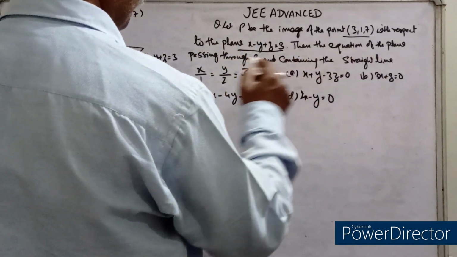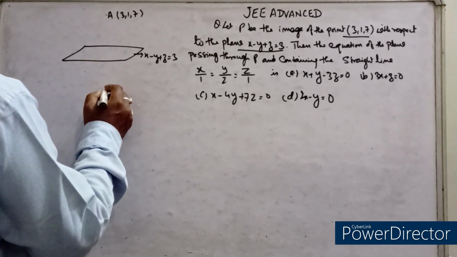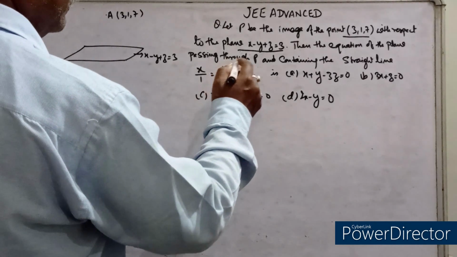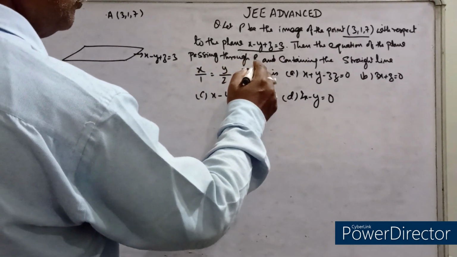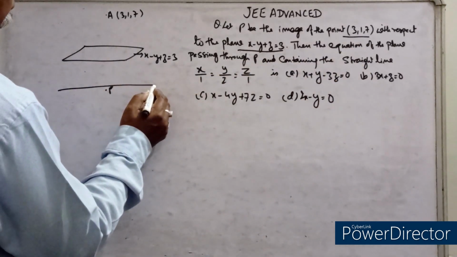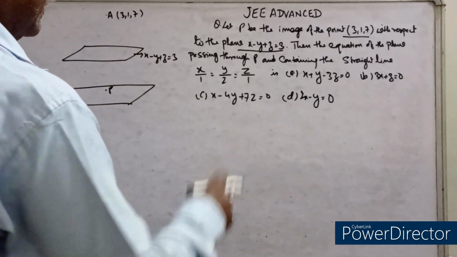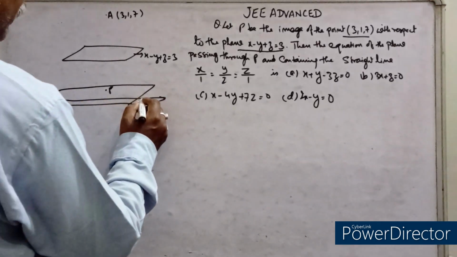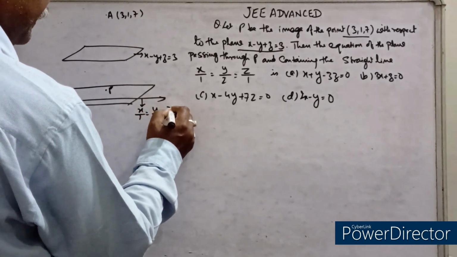Then the equation of the plane passing through P, the image, which is somewhere here, and containing the line x by 1, y by 2, z by 1.